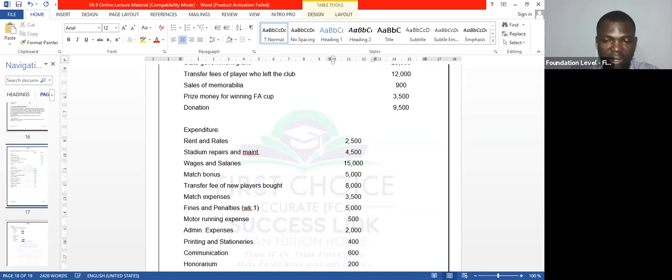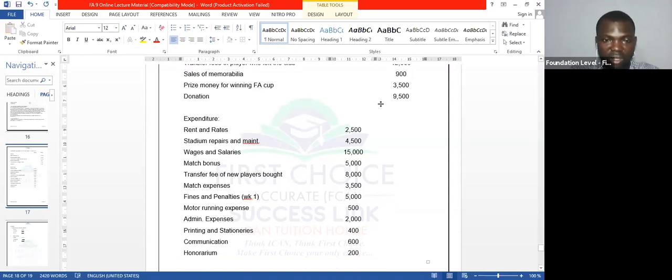So look at our additional information. What have we not treated in the additional information? We have insurance premium. Insurance premium has not been treated. Like I said, you can also start with the additional information first, and then when you are done with it, you can move on.